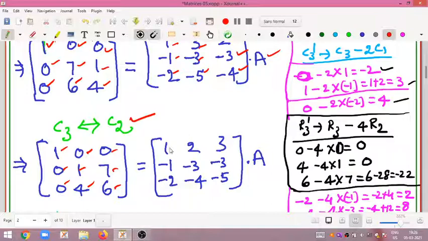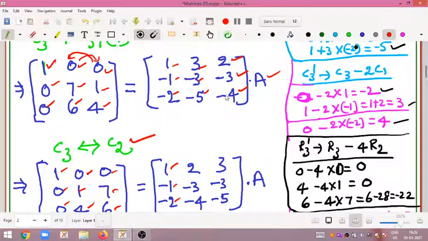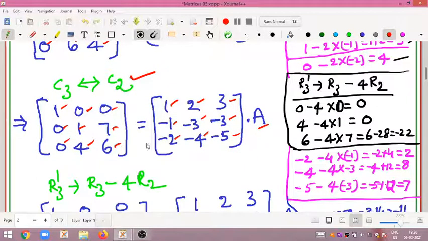Same operation here, 1 minus 1 minus 2 right here. This third column becomes second column, 2 minus 3 minus 4, and second column becomes third column, 3 minus 3 minus 5, into A. Okay, I hope you all understood this one.